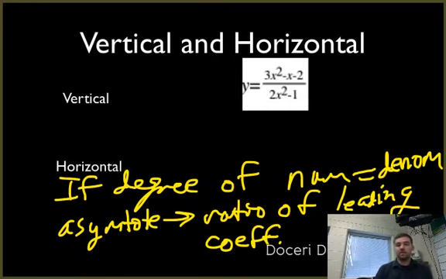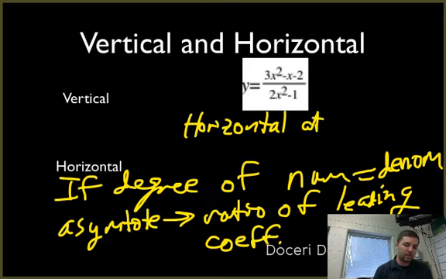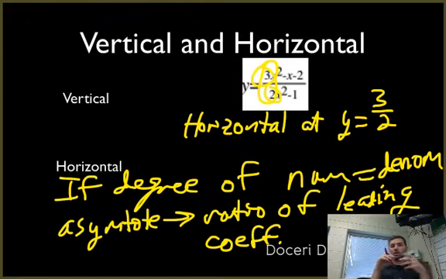In my example here, the degree on the top in the numerator is 2, that little squared up there, and the degree on the bottom is 2 also. So my horizontal asymptote is going to be at y equals 3 over 2, because I've got a 3 divided by 2. I'm looking at the leading coefficients, the ratio of those two numbers.